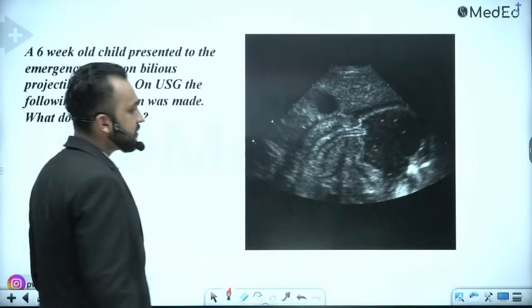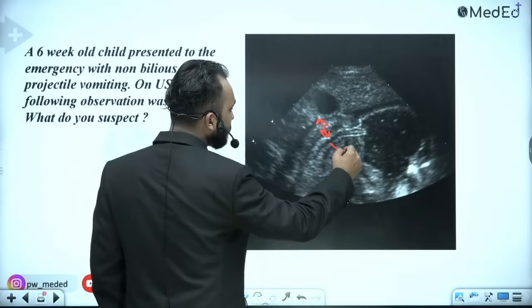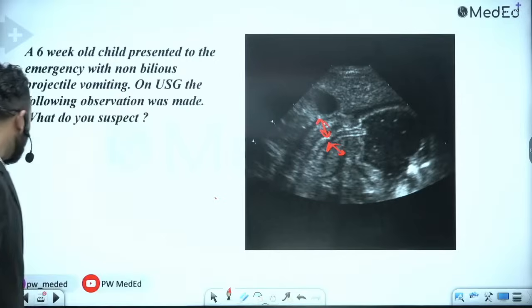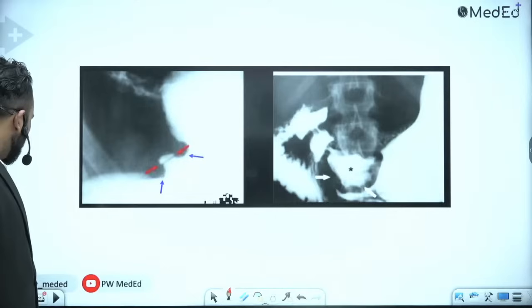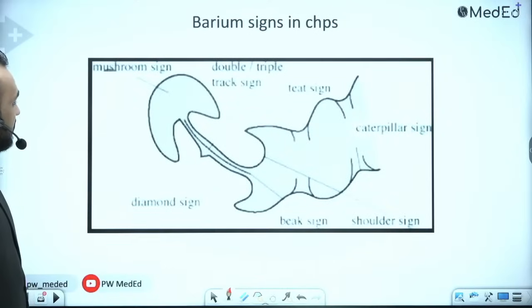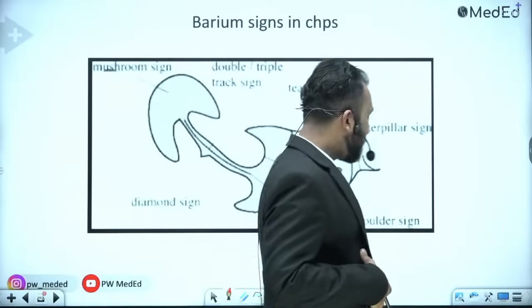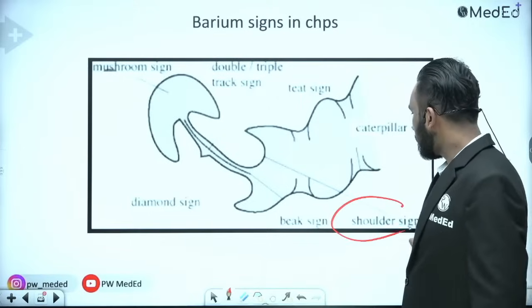The patient has history of non-bilious vomiting. There is thickening of the pylorus more than 4 mm, and it is extending for a length of 16 mm. There is paradoxical aciduria. So these are the few signs that you can see in barium. When this thickened pylorus is projecting into the stomach, it gives a sign known as shoulder sign.